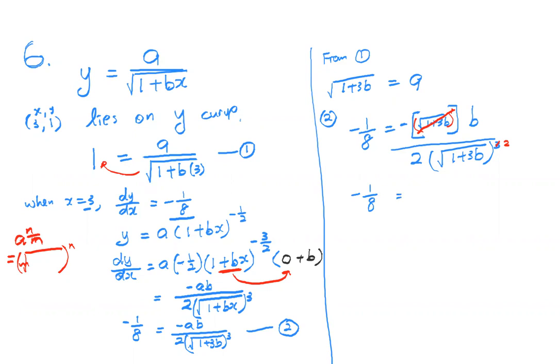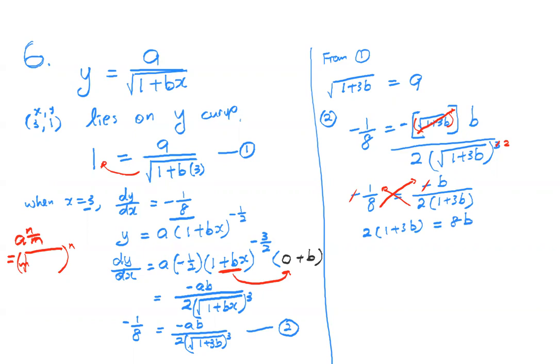Never mind, you do it step by step. So you have square root and square, so it becomes 2 into (1 plus 3b). So now you cross multiply. Both sides got negative, the negative can just cancel off. So you got 2 into (1 plus 3b) is equal to 8b.